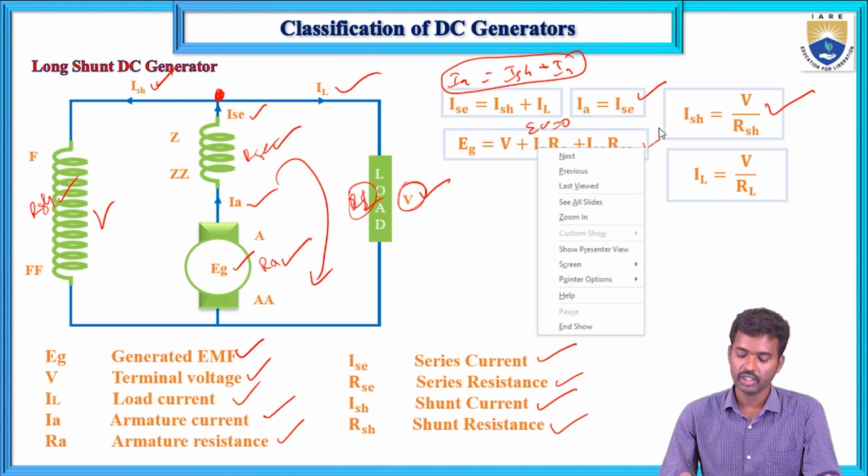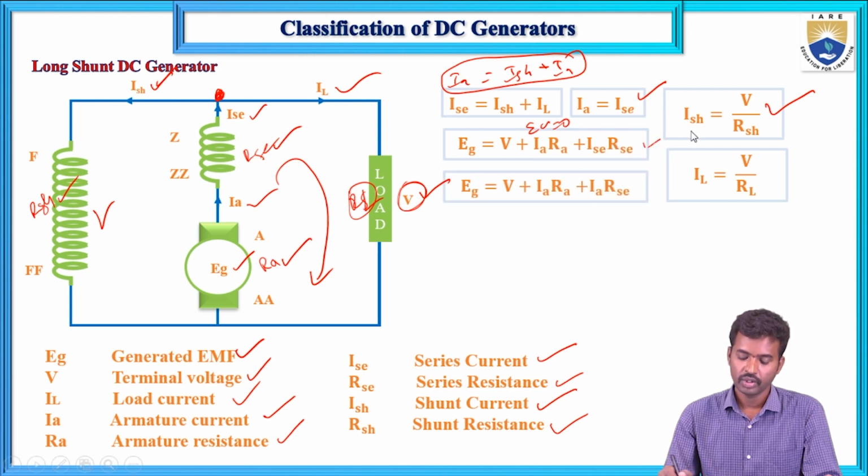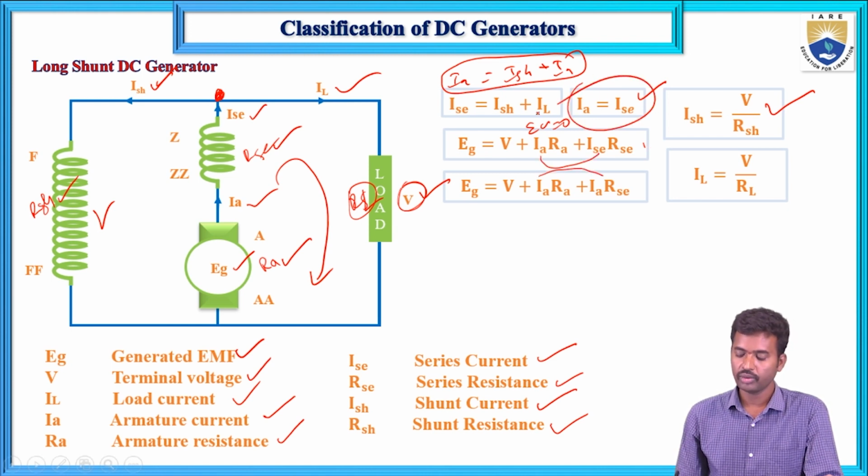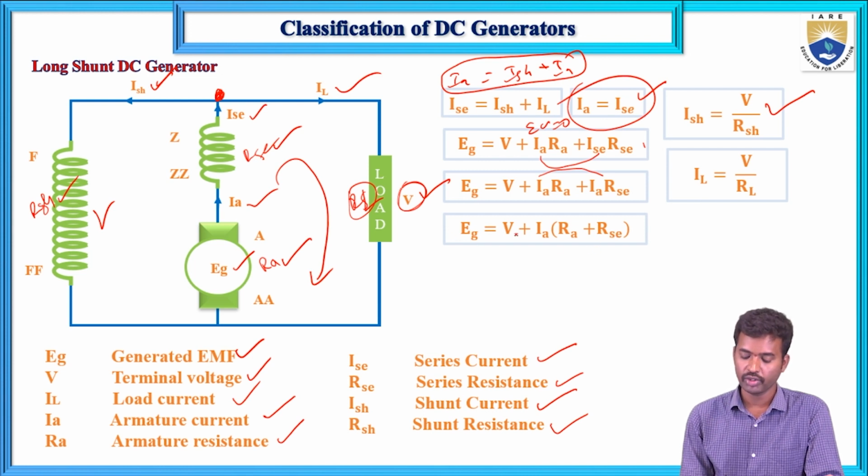Since IA equals I series, IA is the common term, so EG equals V plus IA times RA plus R series. This is the final equation.